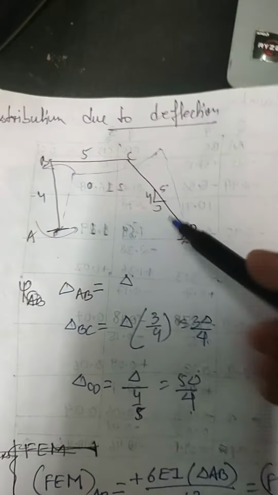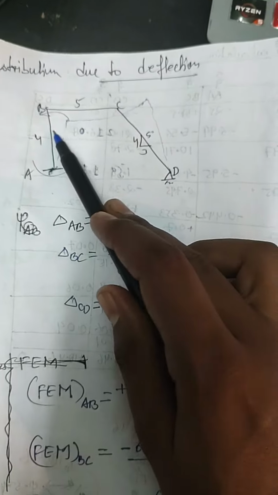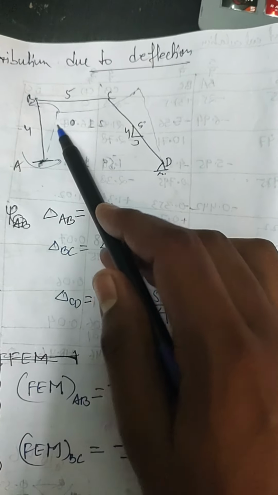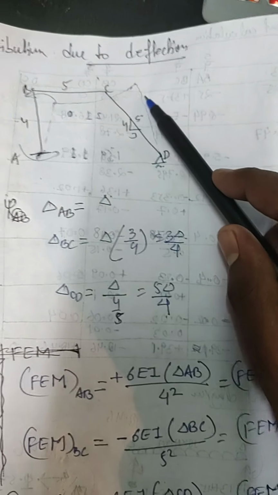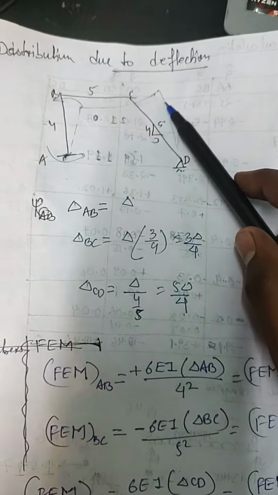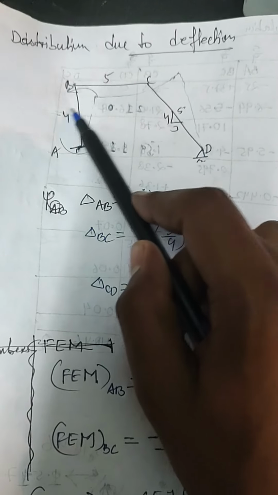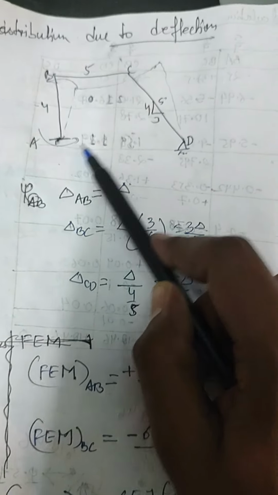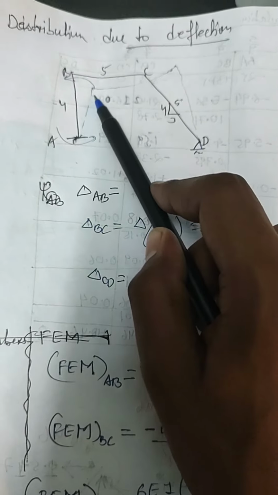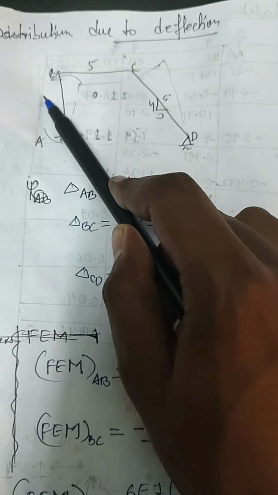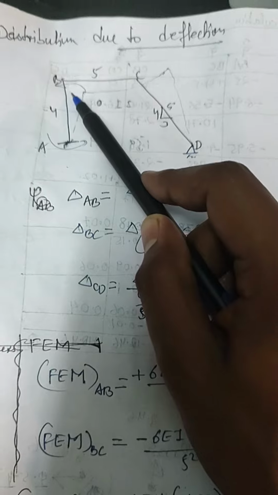See here this deflection diagram, this AB is deflecting in this direction, and this is also deflecting in this direction. So AB will have moment opposite to the deflection. Now this moment is in which direction? Anti-clockwise, so AB moment should be positive.